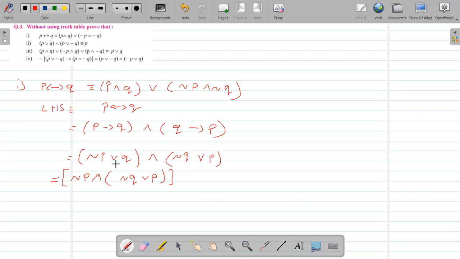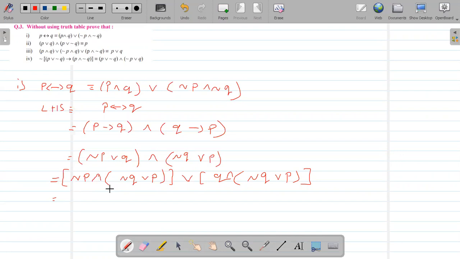Similarly, after that, again I will put a square bracket. Now this Q will multiply with this entire bracket, negation Q or P. And one more thing, here is AND. Till here, did everybody understand what I did?